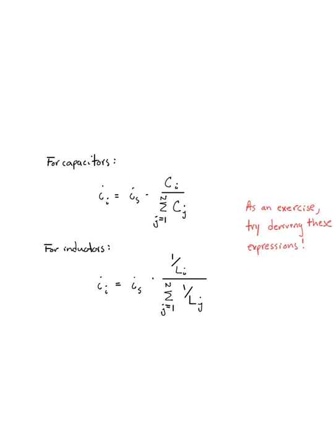And finally, without deriving that explicitly, we can do the same thing for capacitors and inductors that are in parallel. Let me just make a note here that these are in parallel. Capacitors in parallel combine as this expression shown here.